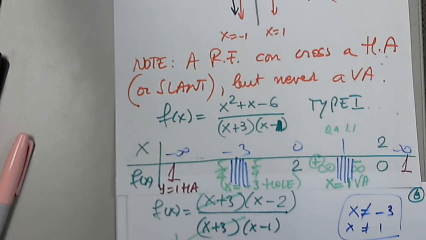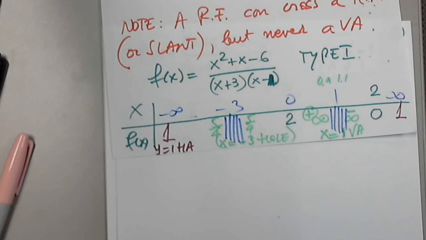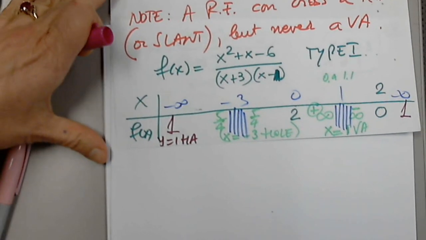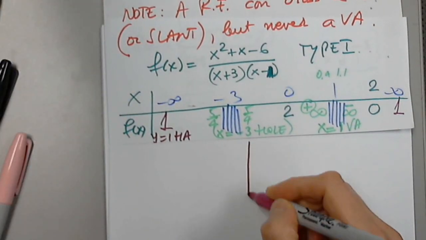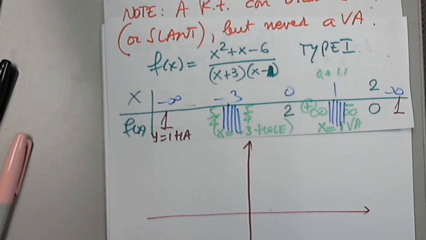It has to cross again because it has to come up closer and closer to 1. But I only found one x-intercept, so it cannot cross again. Does it make sense? Okay. So let's graph. What do we graph first when we're asked to graph a function with asymptotes? Yep. Have to graph the asymptotes first.